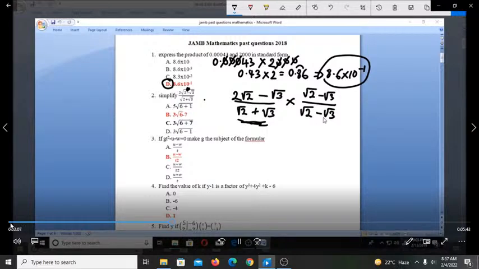So when you multiply out, what are you going to have? This times this will give us 2, because we have root 2 here and root 2 here. So we have 2 times 2, which will give us 4. Now you will do this times this. What would 2 root 2 times root 3 give us?